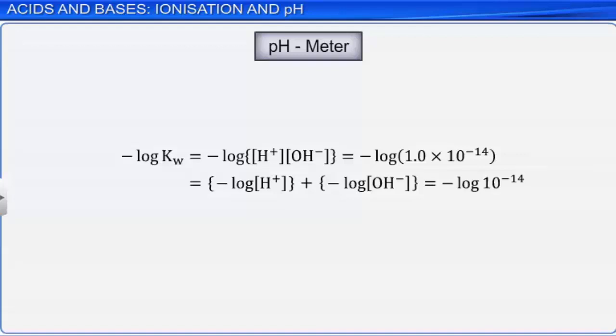As negative log of Kw is equal to pKw, negative log of H plus ion is equal to pH, and negative log of OH minus ion concentration is equal to pOH.